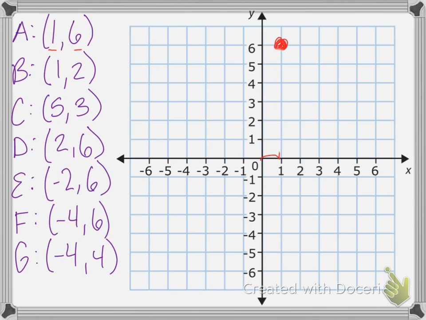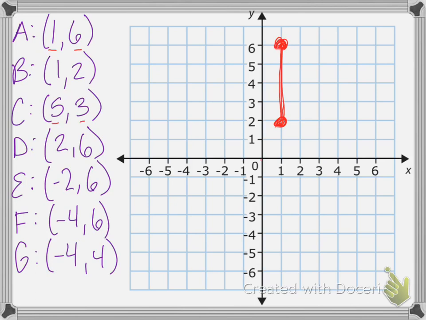Okay. So let's do the next one. Try to point where you think it's going to go and see if you're correct. Next one is (1, 2). So I'm going to go over 1, up 2. Okay. And it kind of makes a big dot to dot. So I can go ahead and connect lines between the dots.